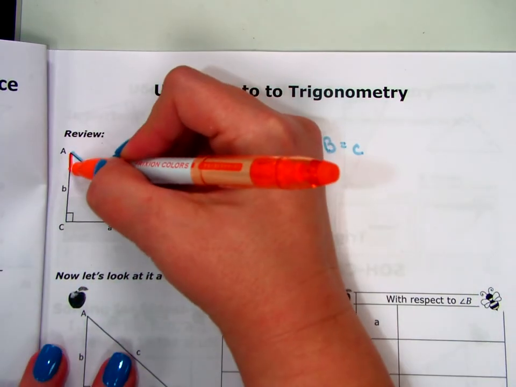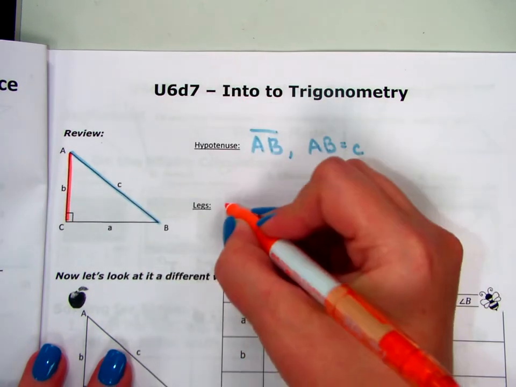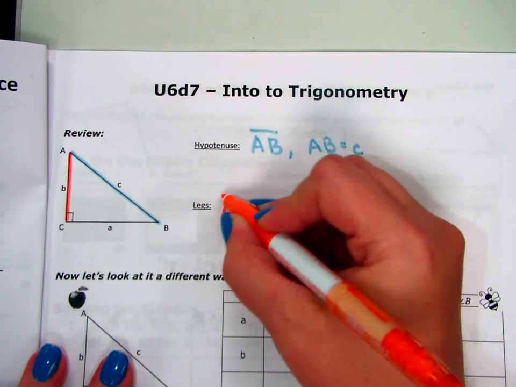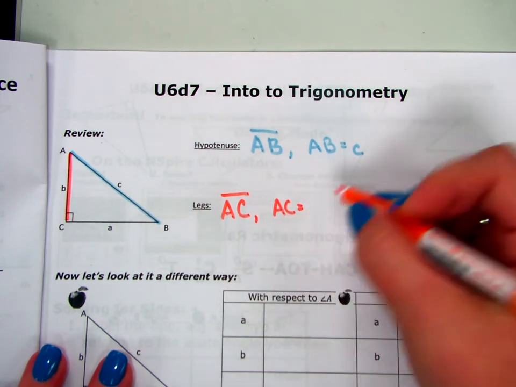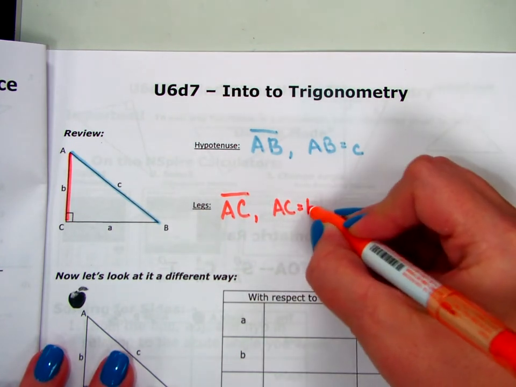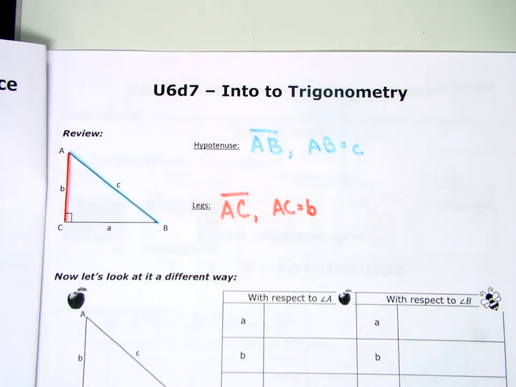One of them is this vertical one here, which is the segment AC. And the distance from A to C has a value of lowercase b. So notice when I'm talking about its distance, I'm not putting the segment bar over it. Just some notation that we should remember from way back in like September.